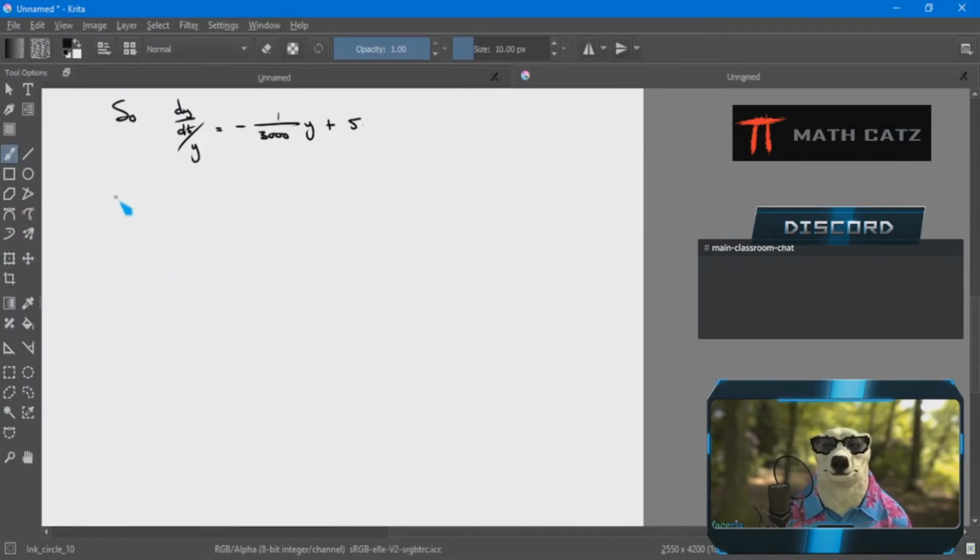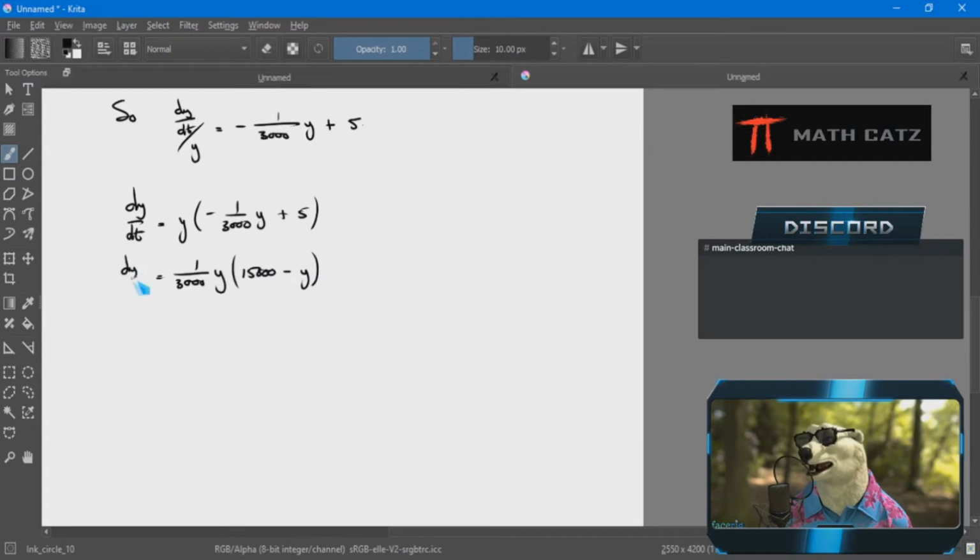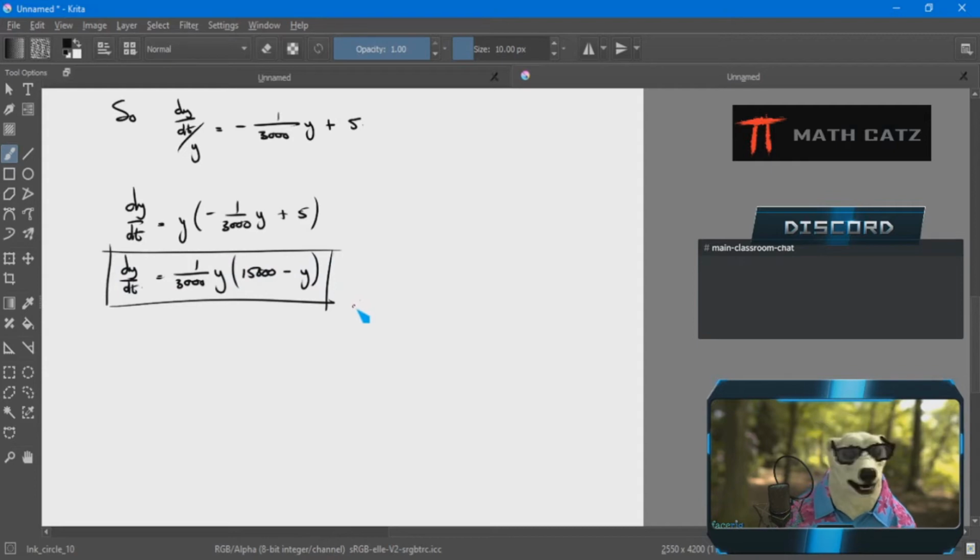All we have to do is multiply by y, both sides. dy/dt is therefore, I'm just going to keep them like this because we want them factored anyway. I'm going to take out 1 over 3,000 and write that in front, then have my y there, and then swap the other two around as 15,000 minus y. And there is our more familiar looking differential equation.